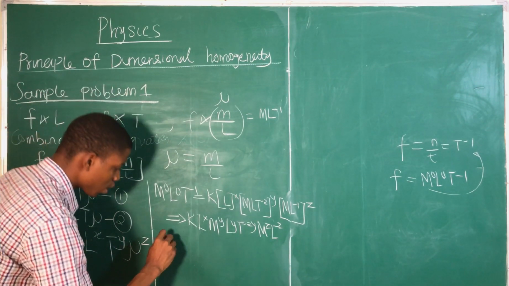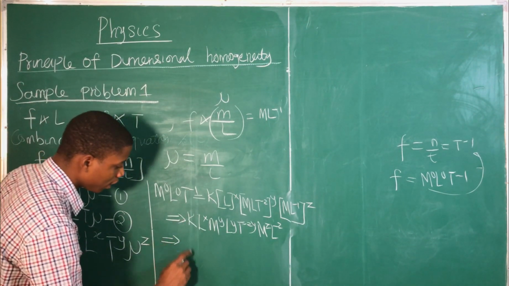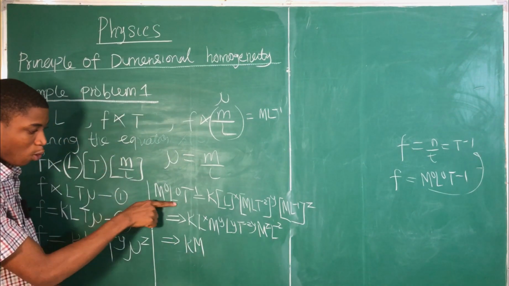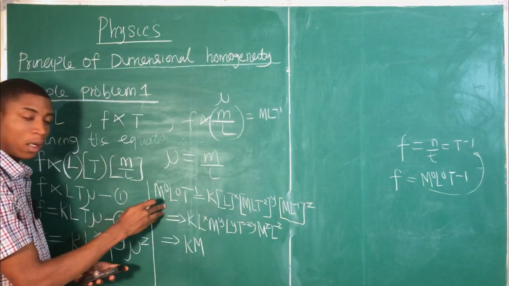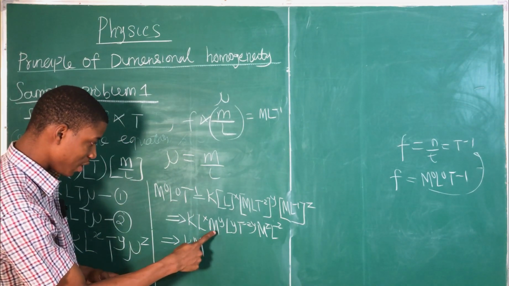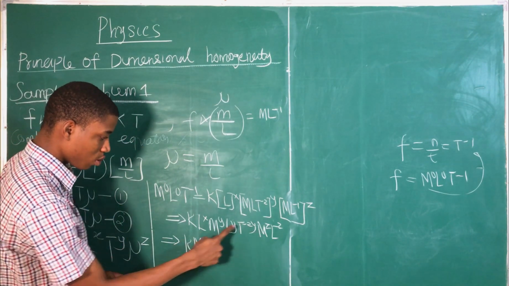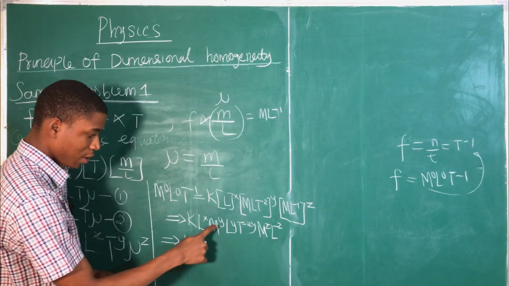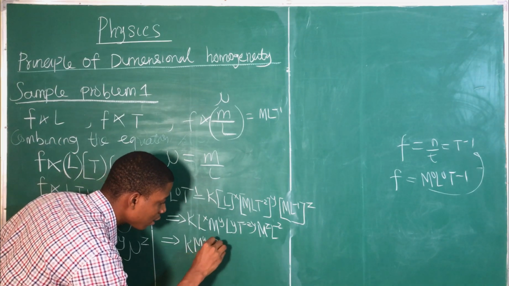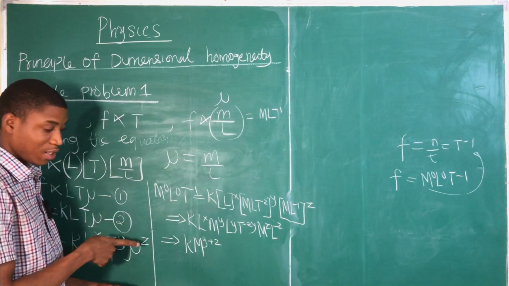We're going to collect like terms here. So we equate this. We have K. Of course, we're working with M first in the same order, but trying to make this look like what we have at the left hand side. But now we have M and M, and from indices, we have the same base and different powers. So we can express it as M raised to the power Y plus Z. Of course, everybody knows this in indices.